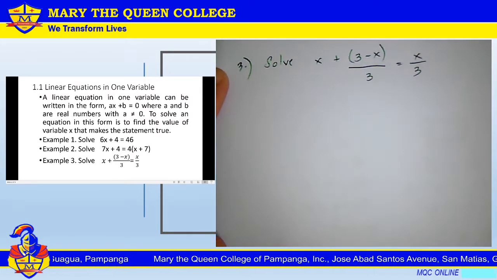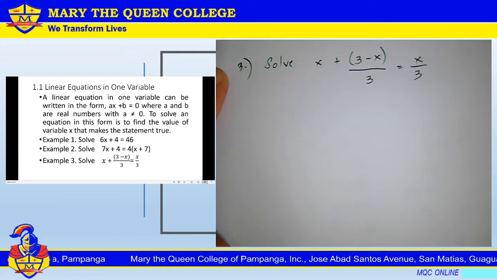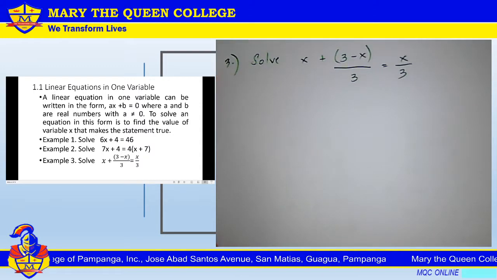So in this case, class, how can we solve for the value of x wherein we have denominators like this? There are different methods on how to solve, but one particular technique or clue is to eliminate the denominators first as much as you can.